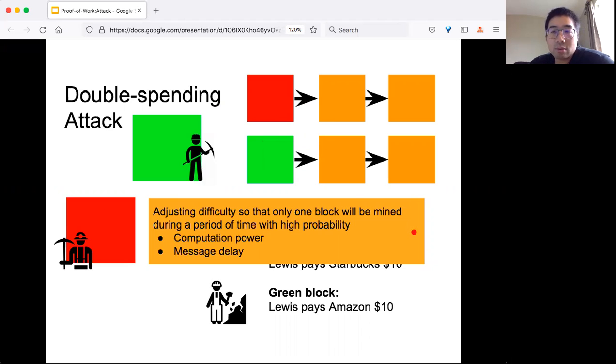In general, what affects the difficulty is the computation power, how fast each miner can solve the proof of work search puzzle. The other factor is message delay. Because if the block is very large, I think right now it's a few megabytes, it really takes time to propagate to everyone. So that's also something that needs to be considered in setting up your difficulty.